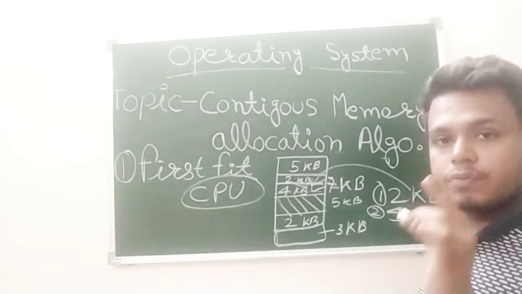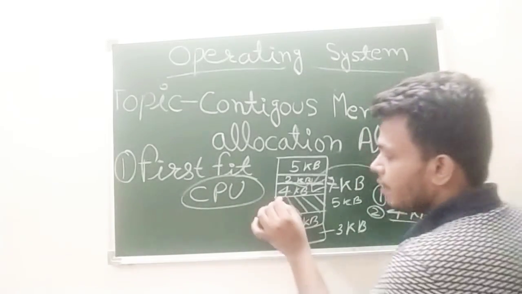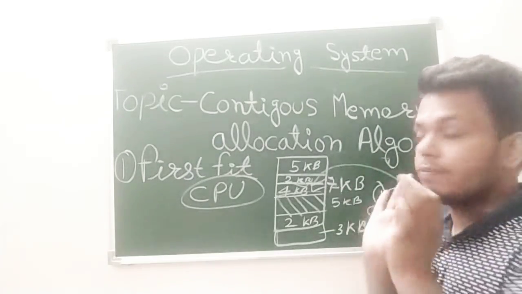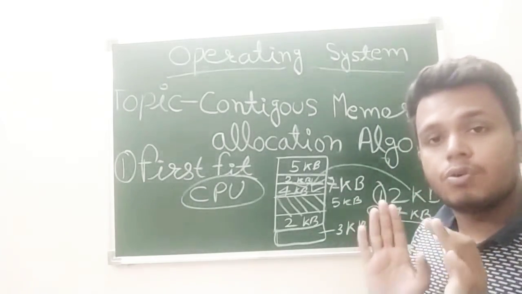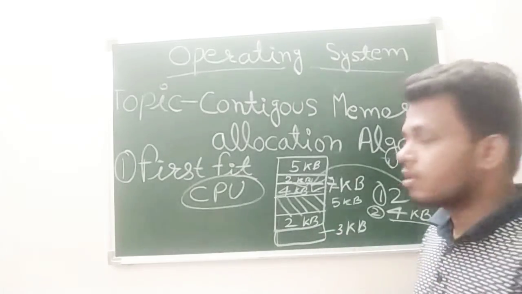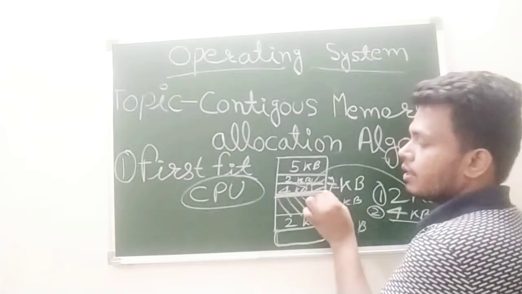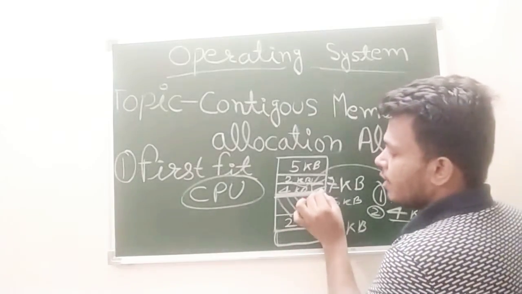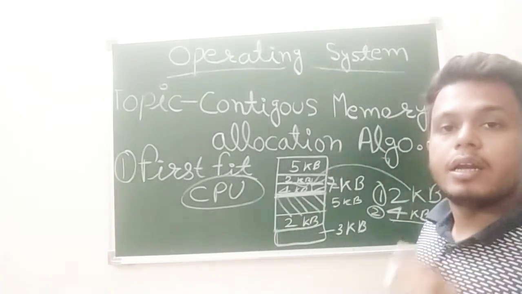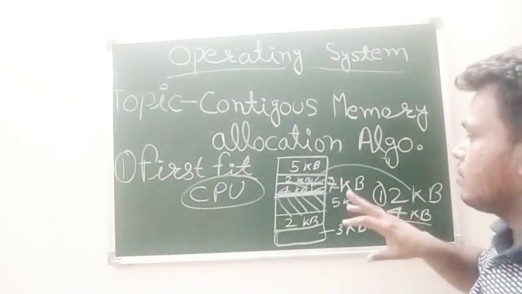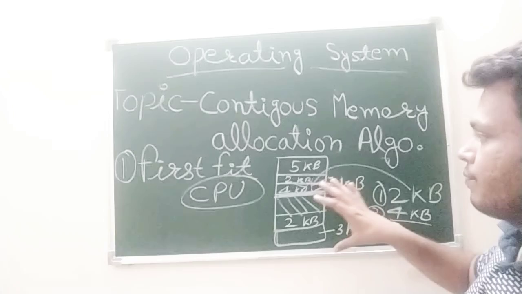If there is a process with 1 KB, then it is very good. But if there is no process to put in this particular block, then this 1 KB space is known as internal fragmentation. I have already discussed this. So this is all about first fit.